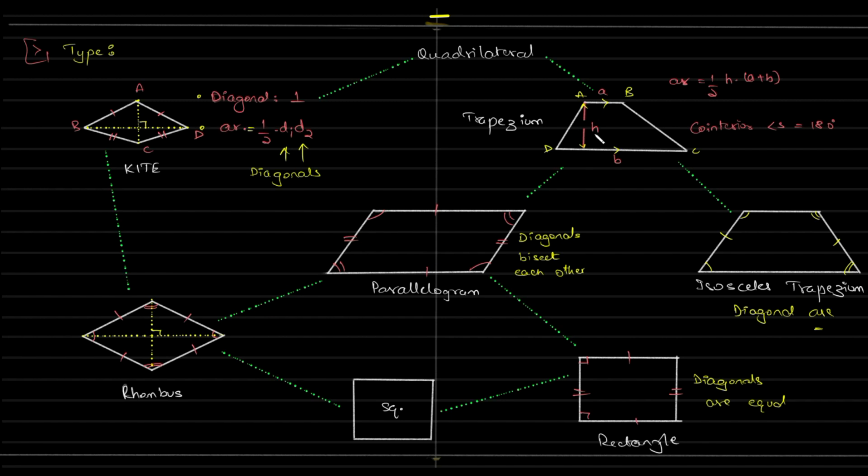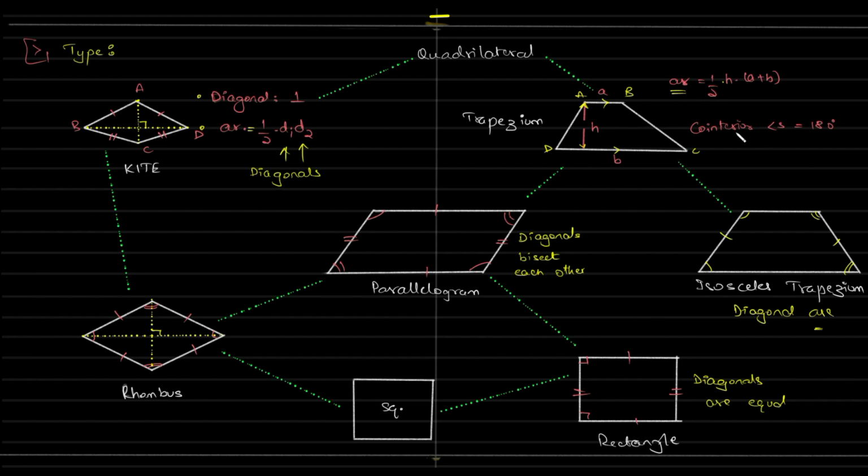With the parallel lengths being A and B, and the height, the distance between them, being h, we can find the area of the trapezium using the formula half into h into (A plus B). That is the sum of the parallel sides into the distance between them, divided by 2, which will give you the area of this trapezium. This is something you have to remember.